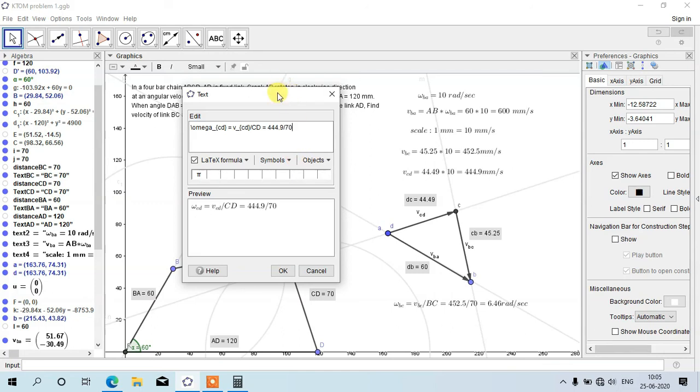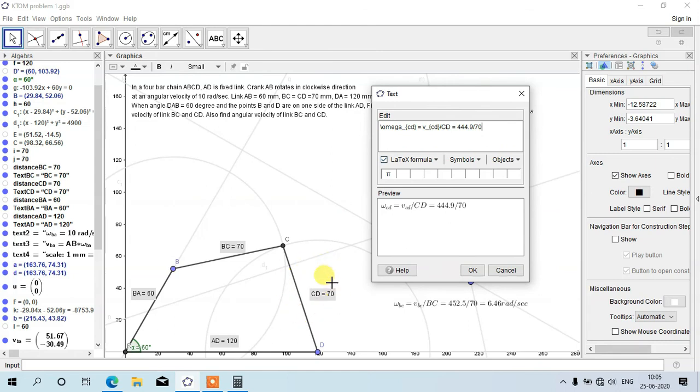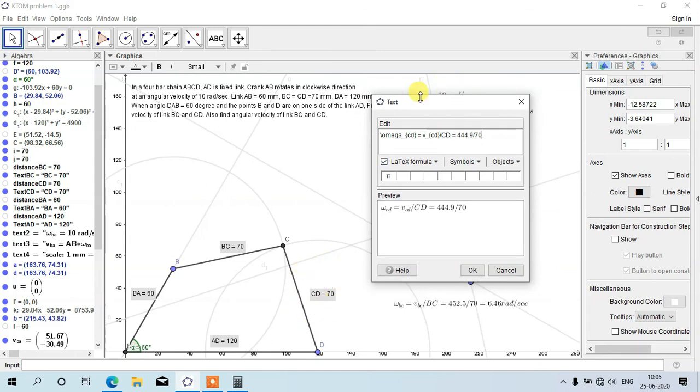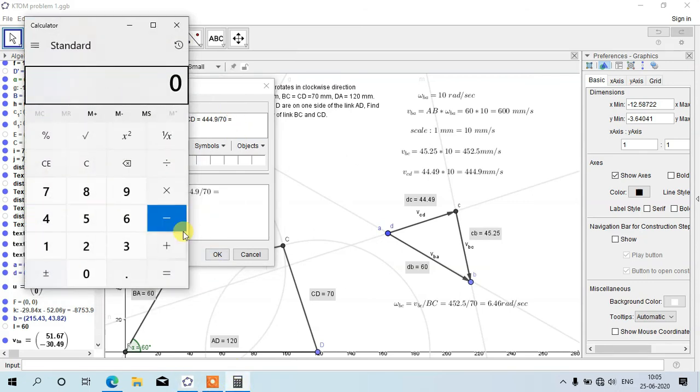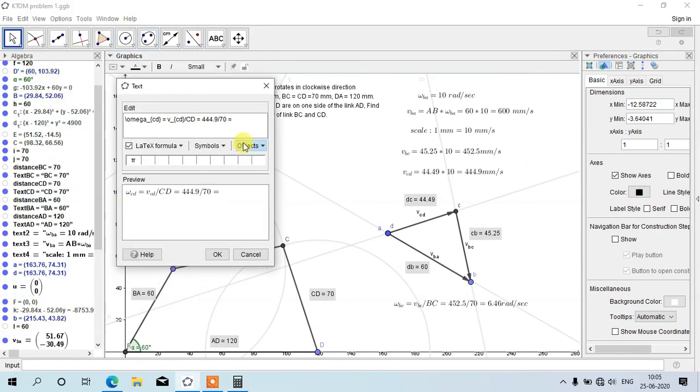Why 70? Because the length of link CD is again 70. So what will be the answer? 444.9 divided by 70 is equal to 6.35, and the unit is radian per second.